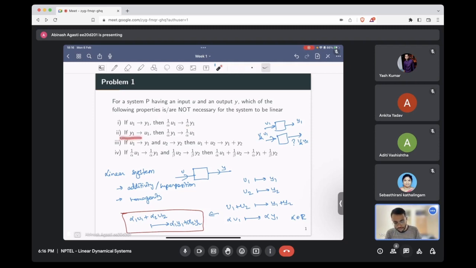Now take this condition. I am saying that for a given output y1, the input required is u1. Then is it necessary that for 1 by alpha into y1, the input required be 1 by alpha into u1? No, okay.